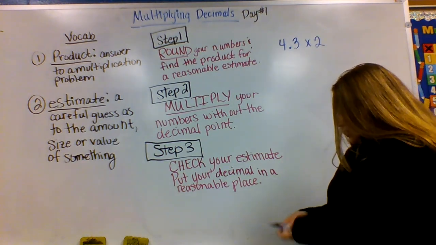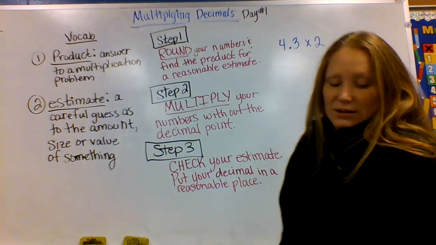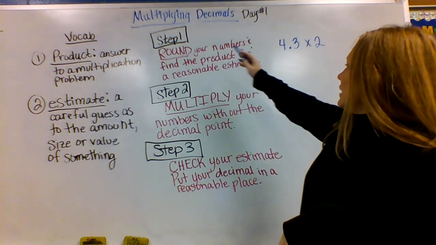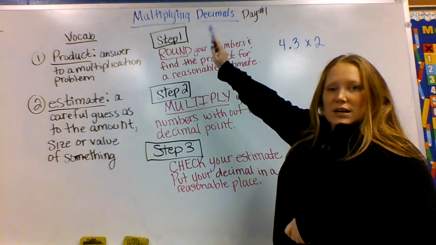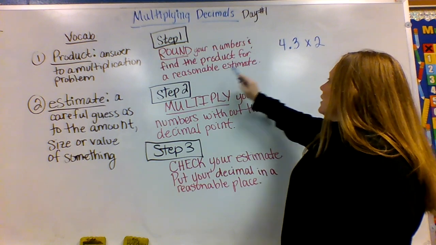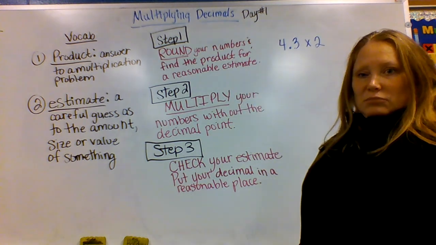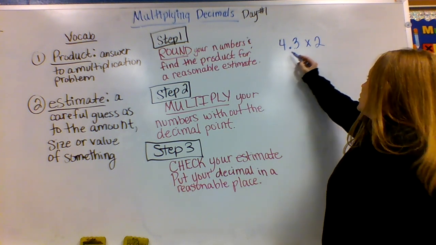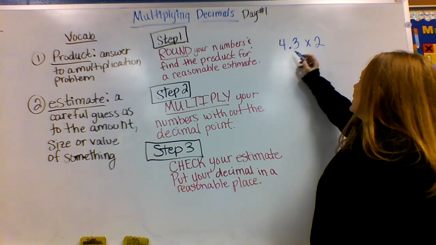All right. So our first step is you are going to round your numbers. Step 1. Let's go ahead and write this down. Step 1. You're going to round your numbers and find the product for a reasonable estimate. Okay. So let's round these to the nearest whole number. So I know 4 3/10.